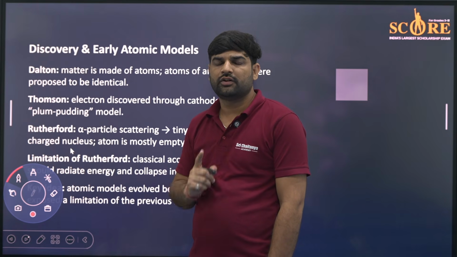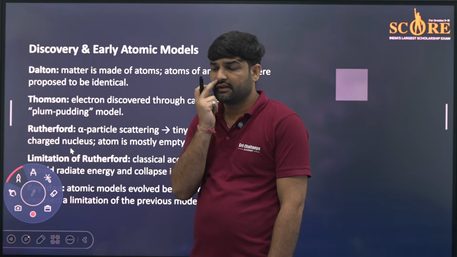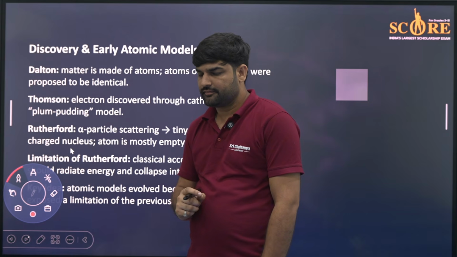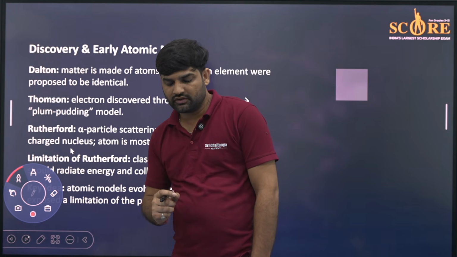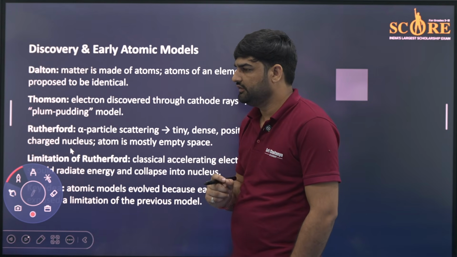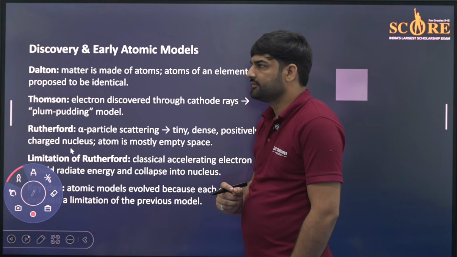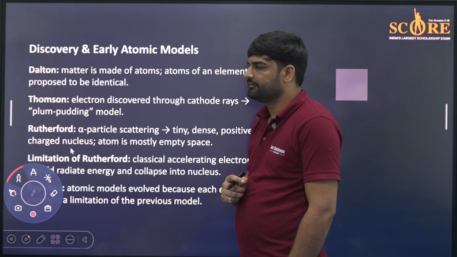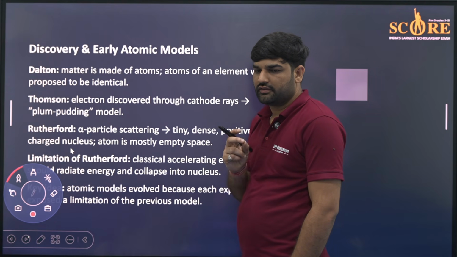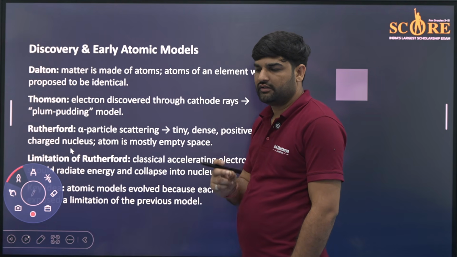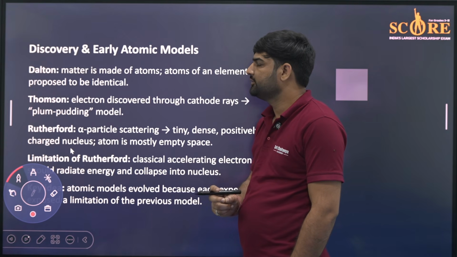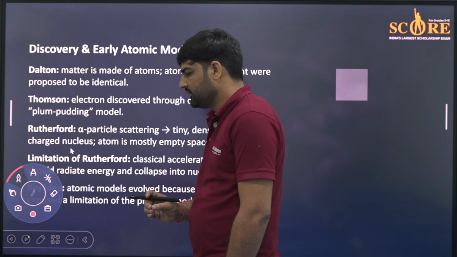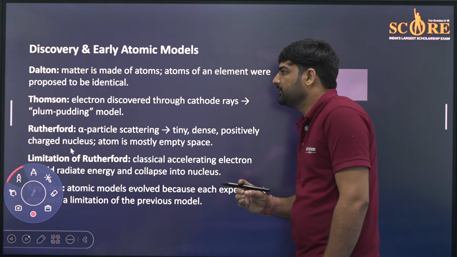First theory about atom was Dalton theory, and Dalton told that matter is made of smallest indivisible particles, and these particles are known as atom. According to Dalton, elements are made of smallest indivisible particles known as atom.